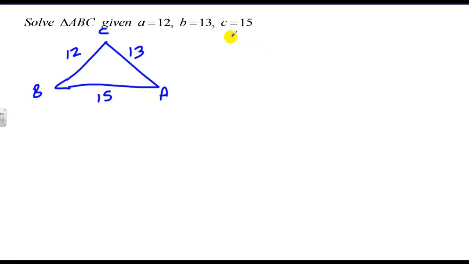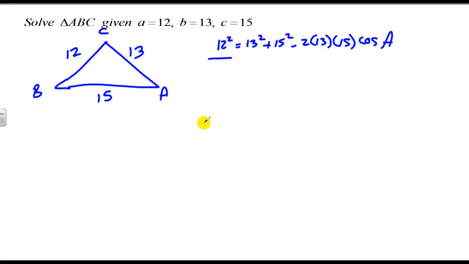Again, let's say that 12 squared is equal to 13 squared plus 15 squared minus 2 times 13 times 15 times the cosine of the angle opposite that initial side. So that's angle A in this case.